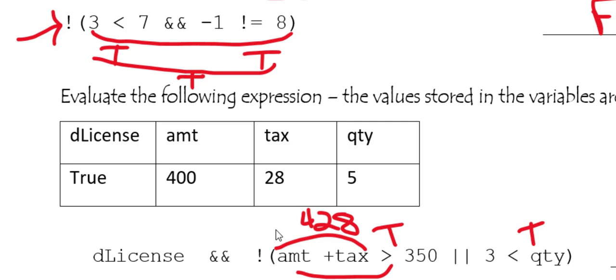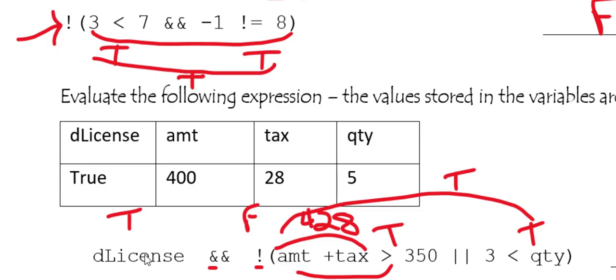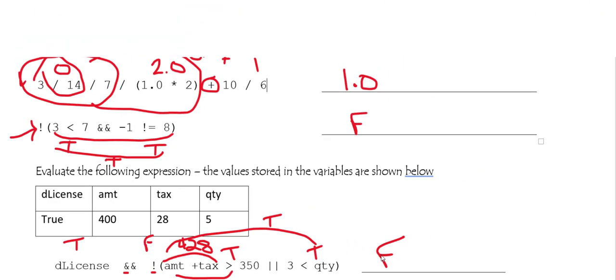True or true, and this expression is true. Now we have DL and not that. We just have two Boolean operators now. The order, again, of Boolean operations are not, and, or, so we're going to do the not of true, and we'll get a false. Not true is false. Since driver's license is true, we'll have true and false, and this will be false.